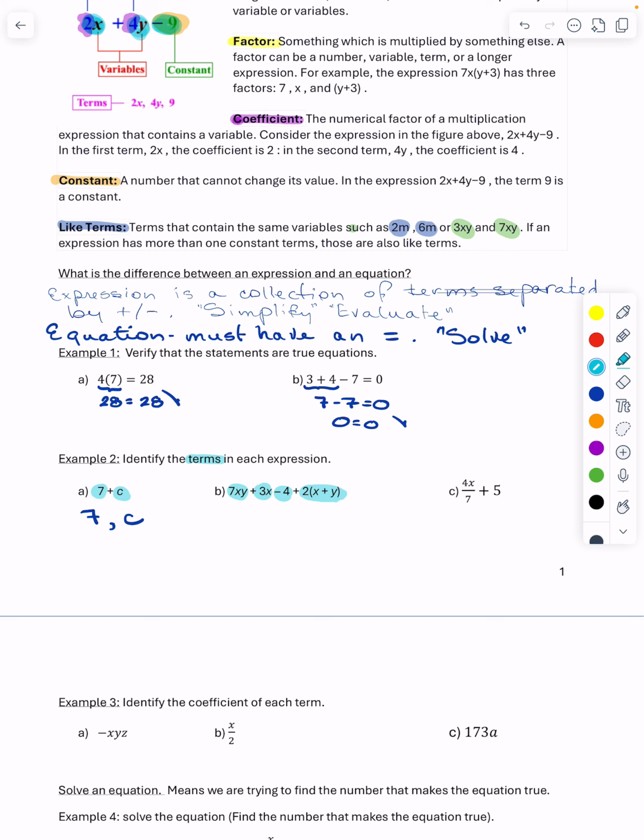So the 2x, 2 times the quantity x plus y, that is a single term. So here we've got 7xy, 3x, negative 4, and then the 2 times the quantity x plus y. In C, this 4x divided by 7, that is a single term. That is x times 4/7. And then the positive 5. So anything separated by a plus or a minus is going to be a term.